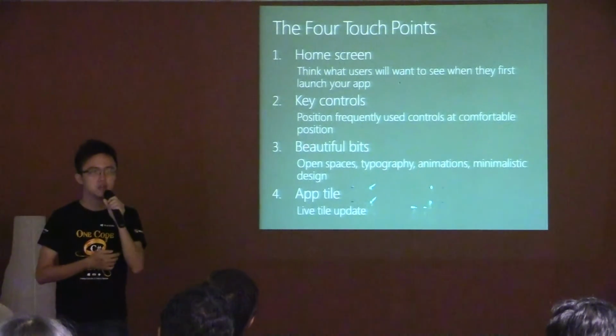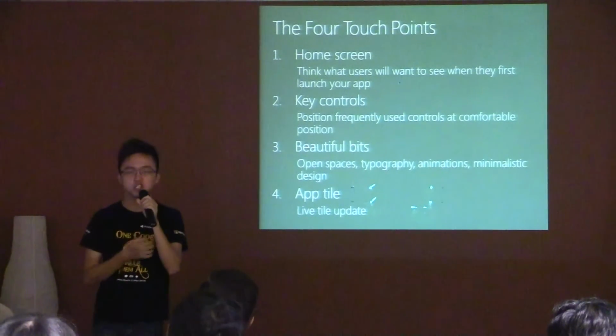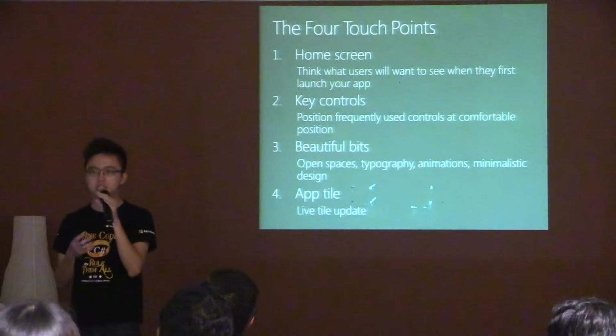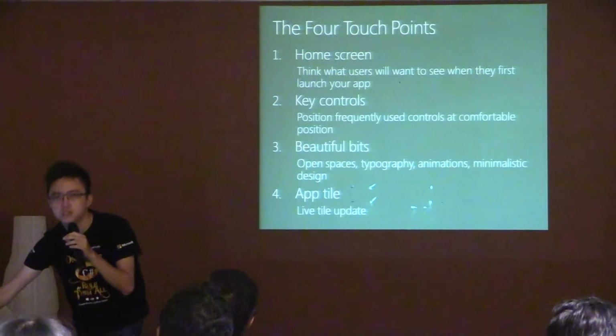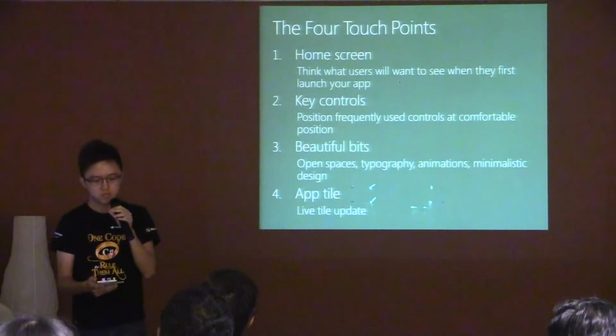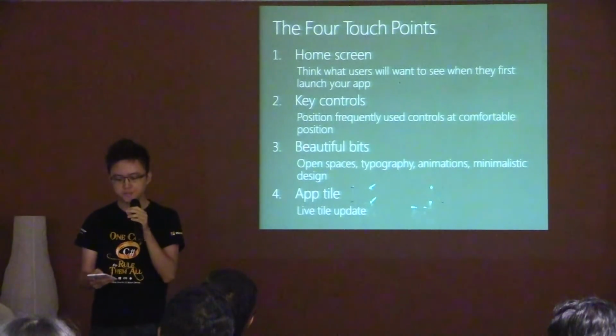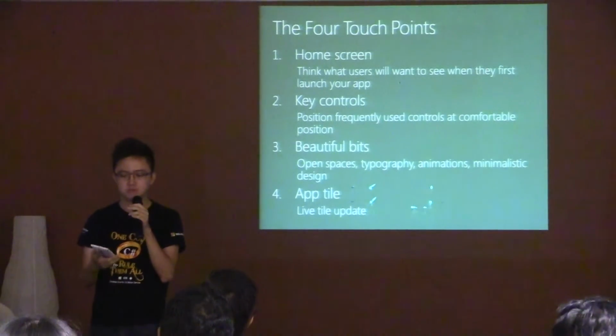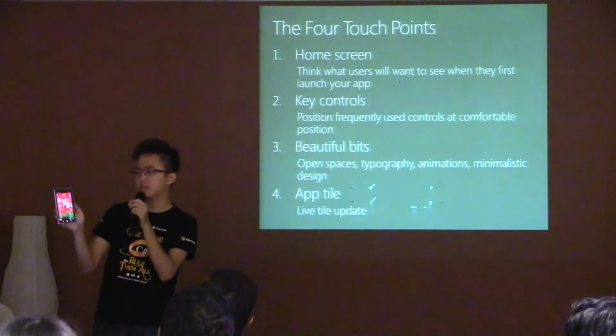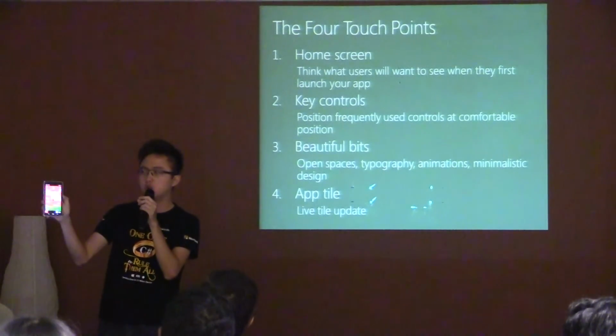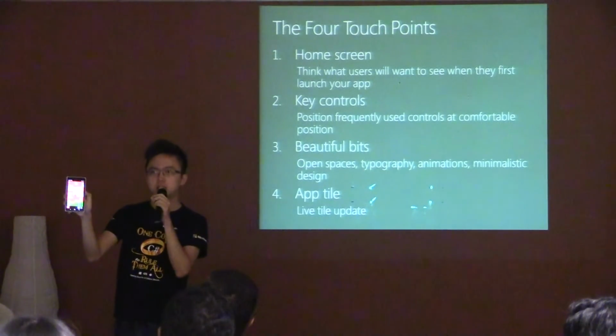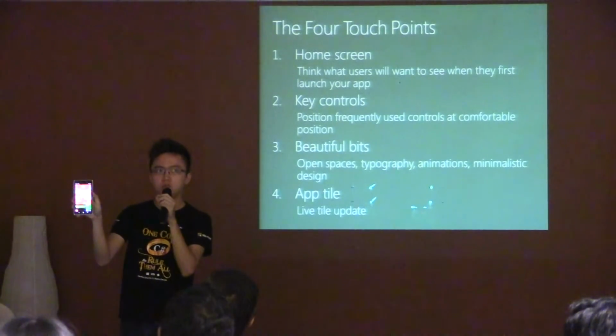And the fourth is the app tile. Windows Phone has one unique feature, which is the live tile. You can display the latest information just on your start screen. I don't even need to open my pinned apps. So you see, my tracker is actually pinned on my start screen, and it shows me how many steps I walked.